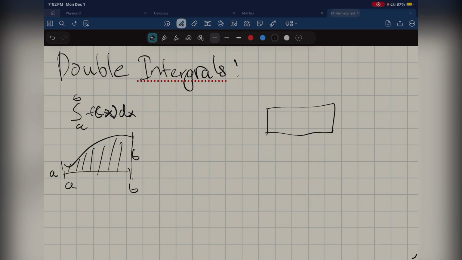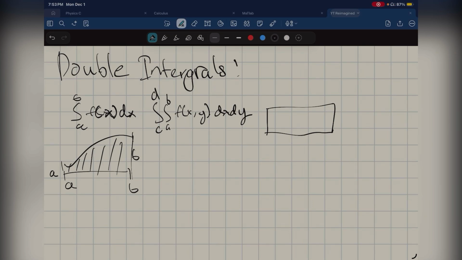But in the next step, double integrals, let's say we have a rectangle, it's just going to be two constants, f of x y dx dy. Instead of taking bounds from one-dimensional curves, we're taking bounds from two-dimensional surfaces, and we're finding not an area, but a volume from that.